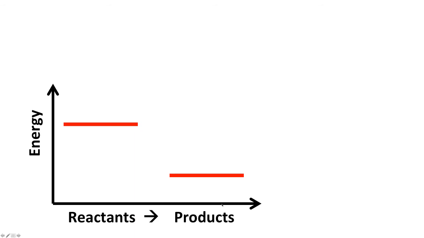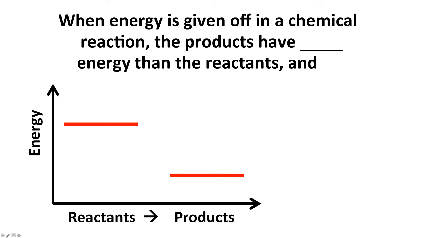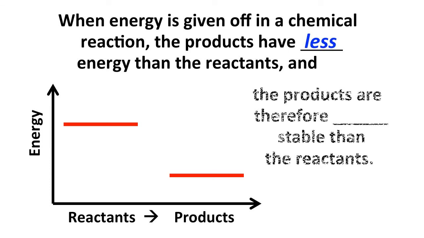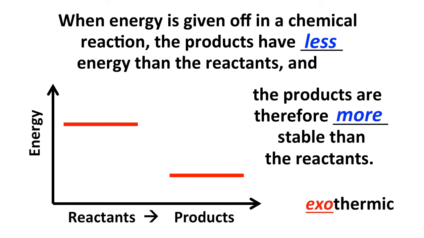And in a case like this, where the products have a lower energy than the reactants, when energy is given off in a chemical reaction, the products are going to have less energy than the reactants, and the products are therefore more stable than the reactants. And of course, this is a process that is exothermic. Energy is given off.